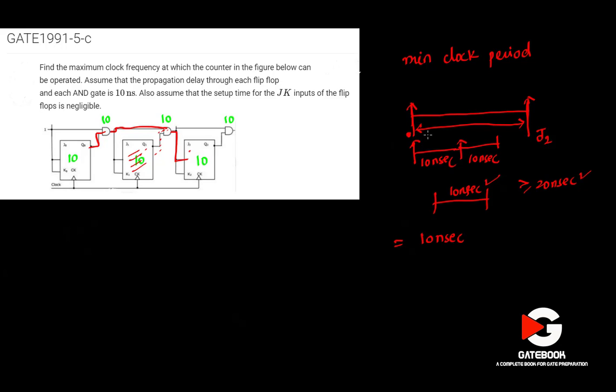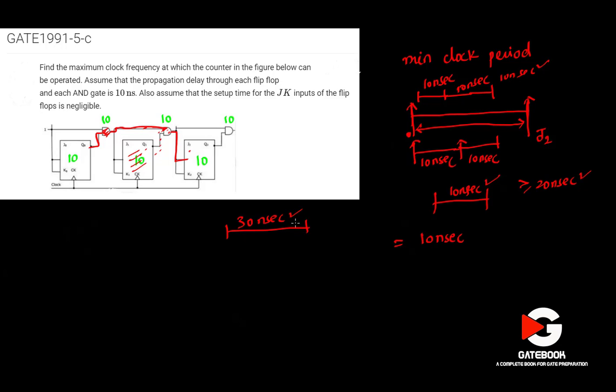Then that will go through this gate, and after 10 nanosecond it will come out. Then again it will go through this gate, 10 more nanosecond. That means after 30 nanosecond, this is going to come to J2. So the maximum path is 30 nanosecond, correct?